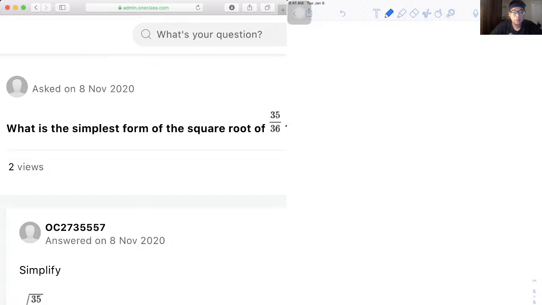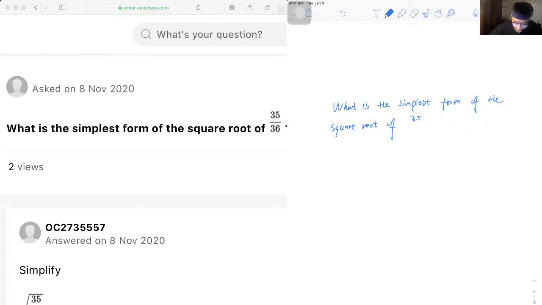Okay, so our next question. It is asking us what is the simplest form of the square root of 35 over 36. Okay.